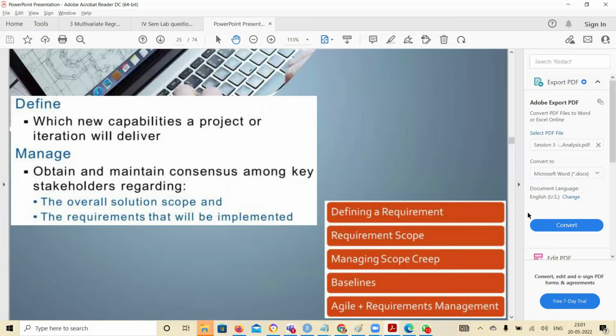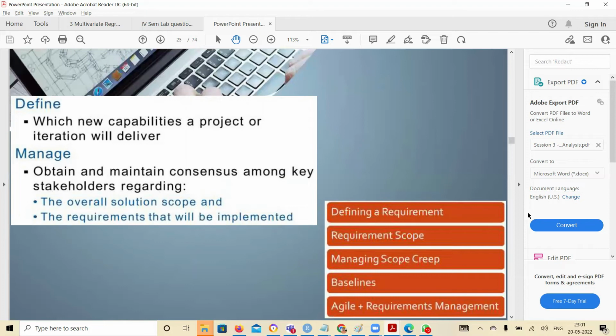Then you obtain and maintain consensus among key stakeholders regarding overall solution scope and requirements that will be implemented.